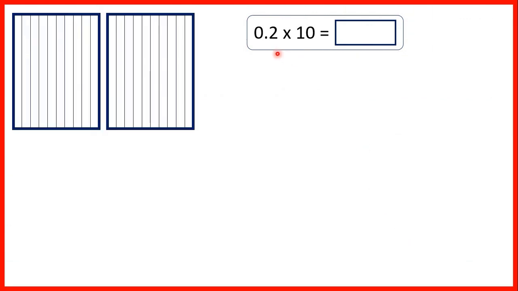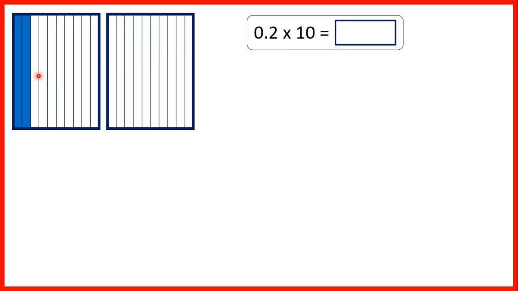So let's look at this question in a bit more detail. 0.2 times 10. We know that multiplication can be thought of as repeated addition. So let's add 0.2 or 2 tenths 10 times. We've got our rectangles split up into tenths. So if we colour in 2 tenths, that's one lot of 0.2.